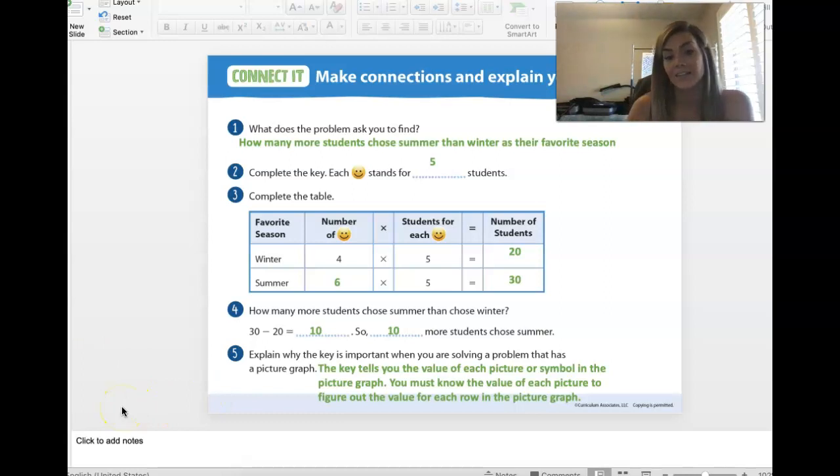The key tells you the value of each picture or symbol in the picture graph. You must know the value of each picture to figure out the value for each row in the picture graph. So that key is the most important part on a picture graph. You always need to be making sure you're paying attention to what that key is representing, because if you don't, you could be solving the entire problem incorrectly, and that wouldn't be so fun.